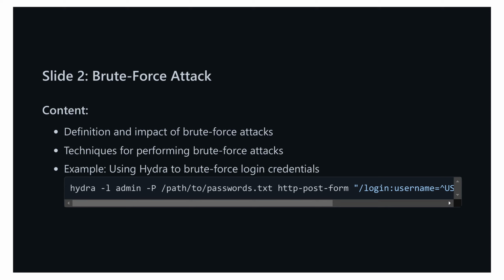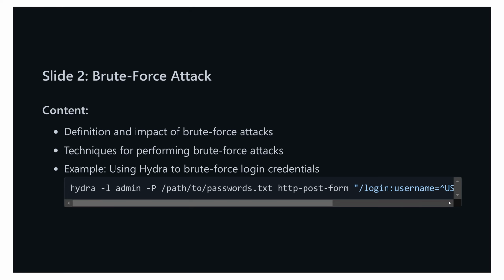Now, let's look at the techniques for performing brute force attacks. One common technique is to use automated tools like Hydra to systematically enter password or passphrase guesses until the correct one is found. Hydra is often used for rapid, automated attacks on login credentials.